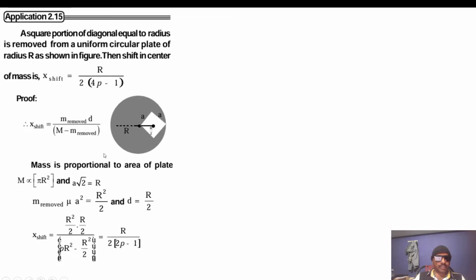Look at this. So this is also one of the important ones, right? We have to notice that a square plate is removed here. From that, x shift equals r by 2 into 2 pi minus 1.